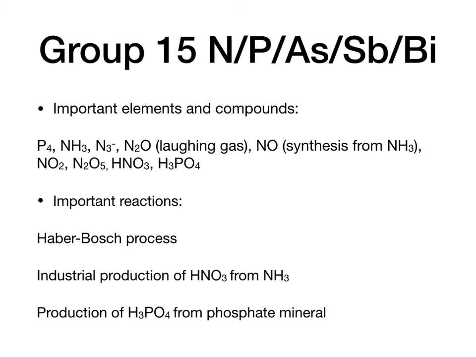And finally, the reaction between NO2 and water to produce nitric acid and nitric oxide. You should see the text to make sure you understand the whole series of reactions and be able to balance them. And the last reaction is the industrial production of phosphoric acid from phosphate minerals by reaction with sulfuric acid.